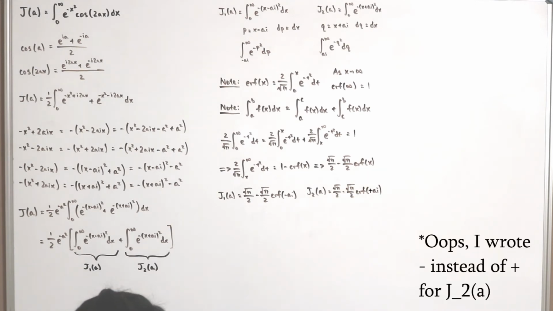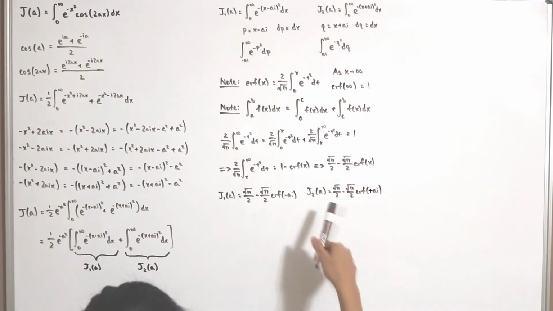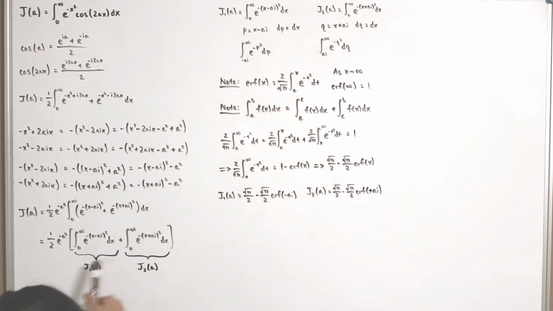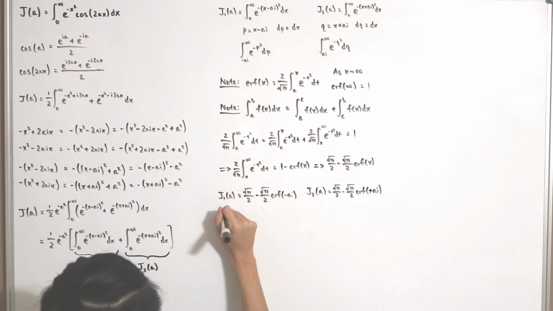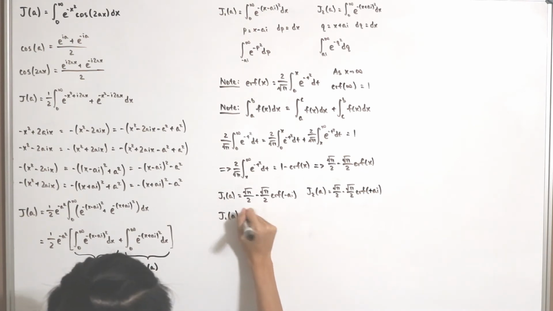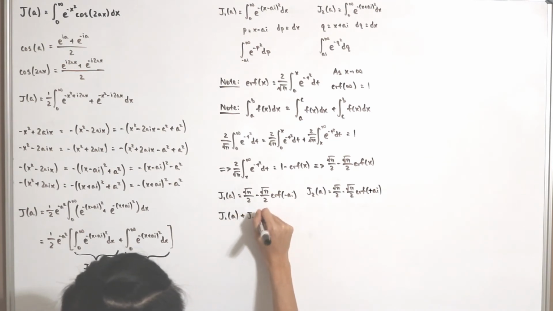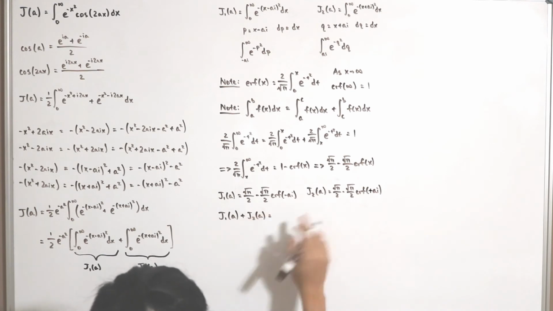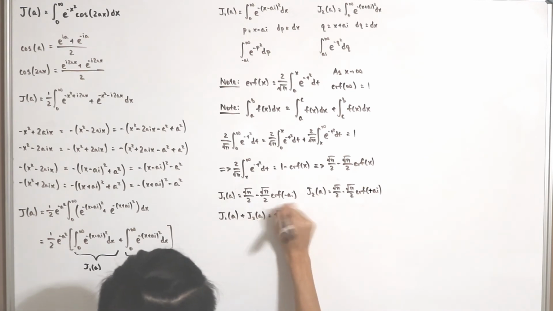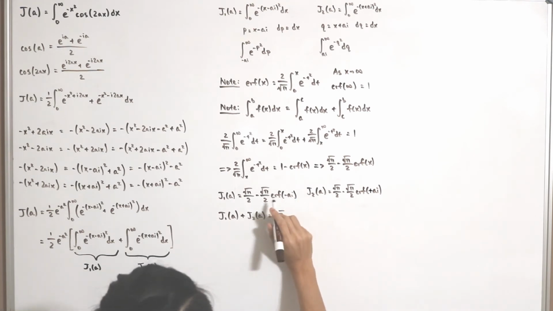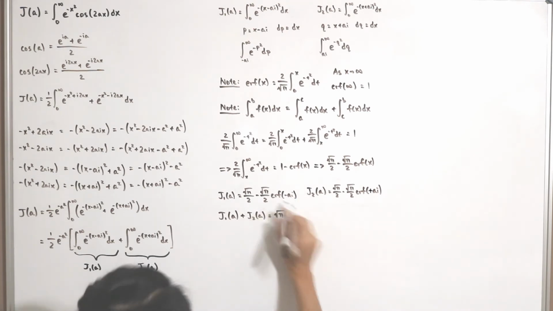Now all we have left is to calculate j sub 1 plus j sub 2. So j sub 1 of a plus j sub 2 of a is equal to the square root of pi over 2 plus the square root of pi over 2, which is 2 square root of pi divided by 2, just the square root of pi, and then minus.